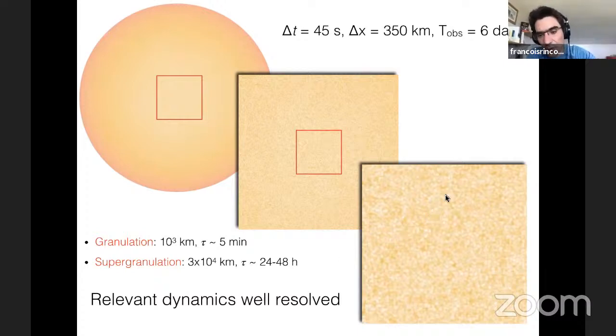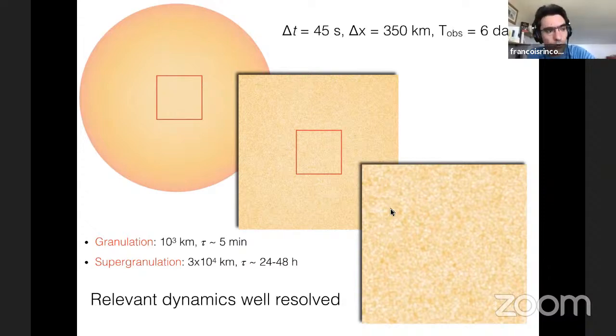You apply an algorithm here to segment all the images into small granules, and you track them individually over their lifetime of a few minutes, image after image. And then you take a little patch of them and you average their individual velocities, and you construct some kind of Eulerian velocity field at the surface thanks to the individual Lagrangian trajectories of these granules.